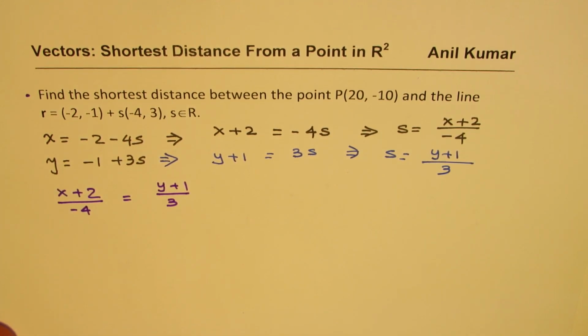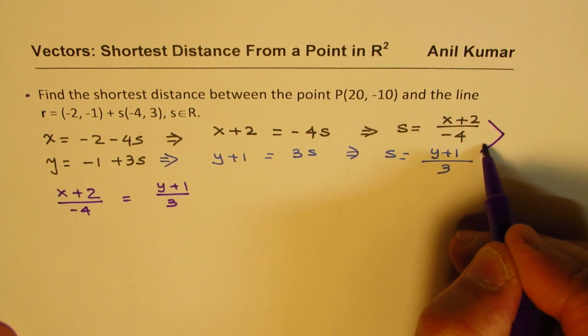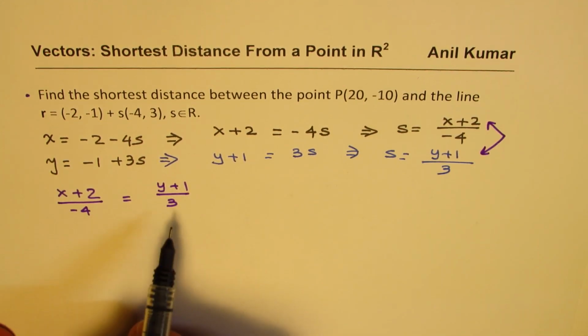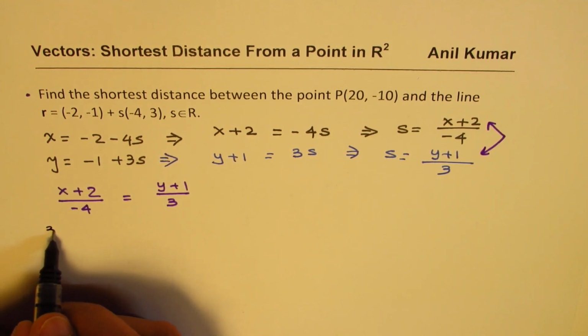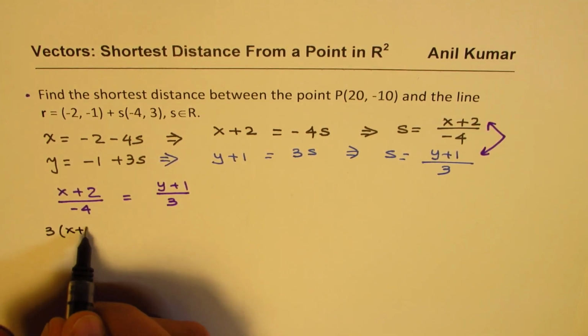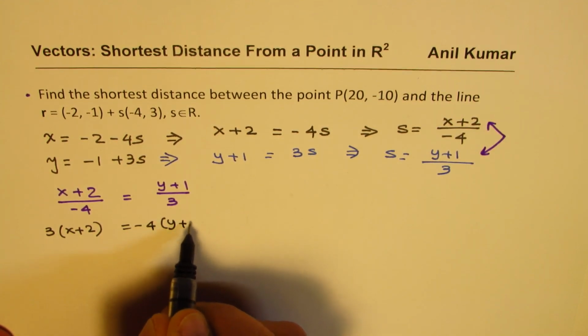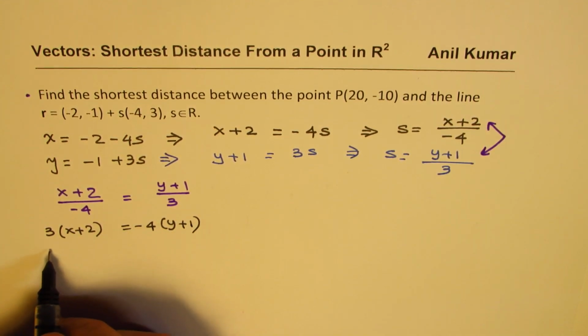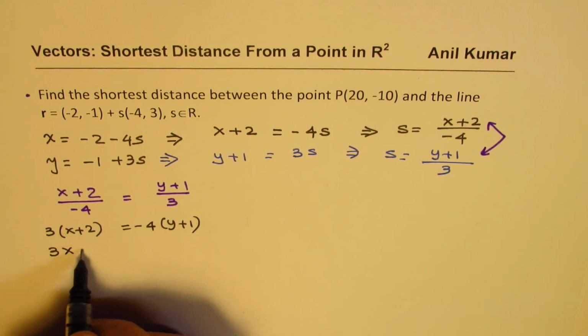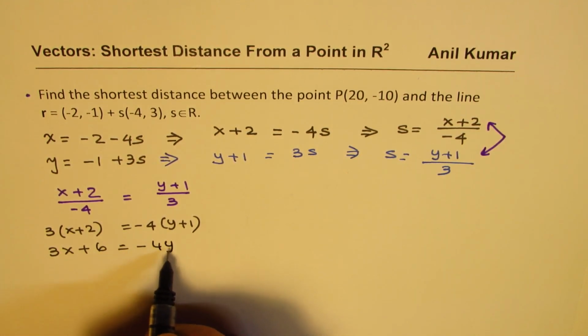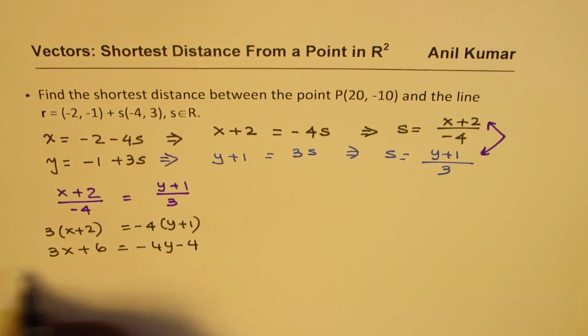So we equated both these equations. They are both s, right? And from here, we'll just cross multiply. We get 3 times (x plus 2) equals to minus 4 times (y plus 1). Bringing them all together after opening the brackets, we get, let me rewrite this. Okay, now bring them together.